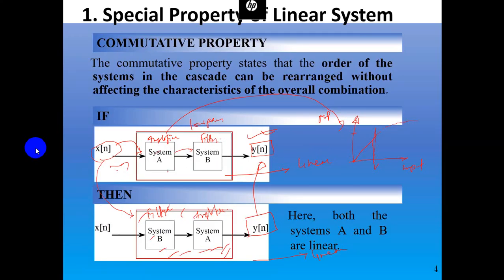Now we are considering linear amplifier in this case with characteristics of this type.